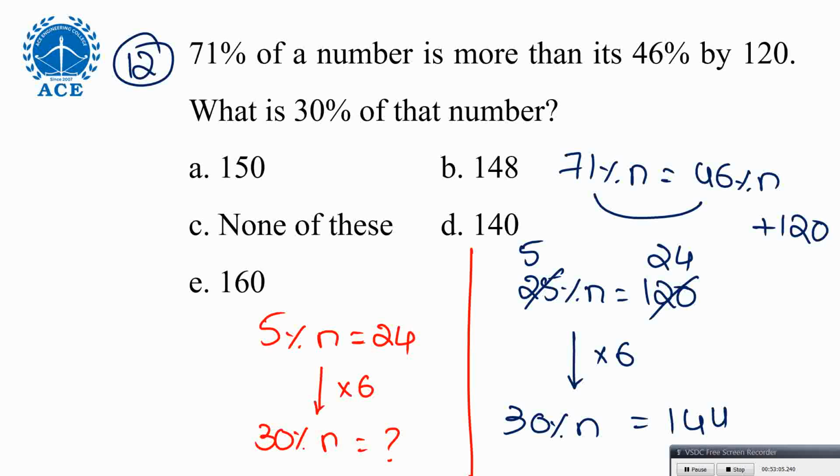So 120 plus 24, 144. If none of these is the answer, you go with none. You can do here: 30% is 25 plus 5. 25% you know is 120, 5% is 24, so 30% is 144. 144 is the answer. You do it in different styles, it's all up to you.